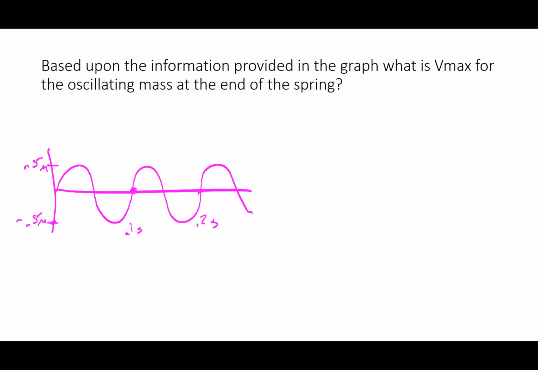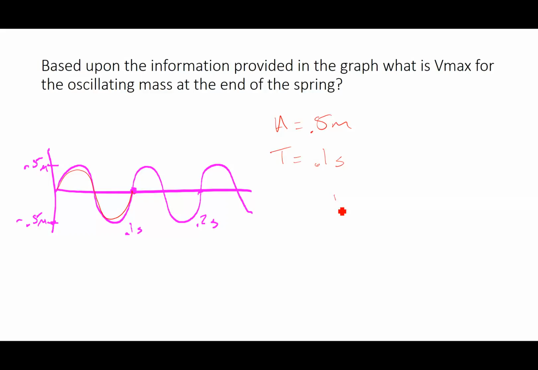Through the problem-solving process, which we all love to do, we can tell that the amplitude is 0.5 meters. It doesn't give me the wavelength, but it does give me the period. T is equal to 0.1 seconds. All right, so I'm going to need two equations in order to solve this, because I don't have one equation that fits all these variables.